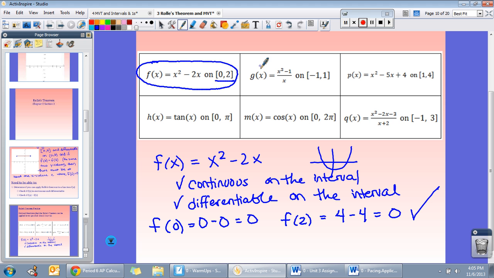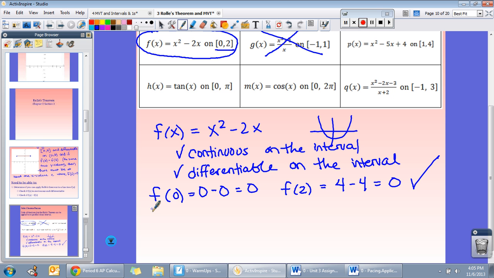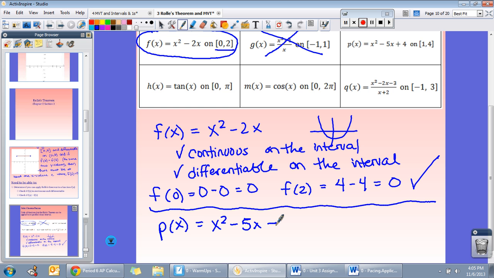We won't be able to apply Rolle's theorem to g of x because you can't divide by 0, making this function discontinuous at 0. P of x is a quadratic, so we need to check to see if the two endpoints are the same, because it will be continuous and it will be differentiable.